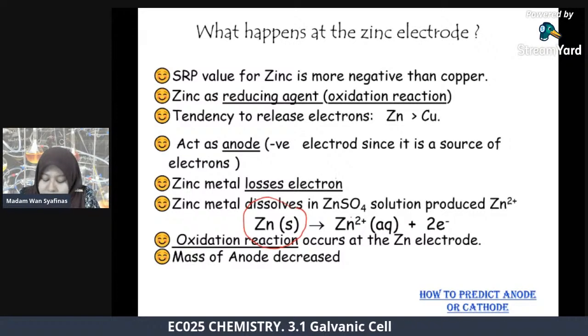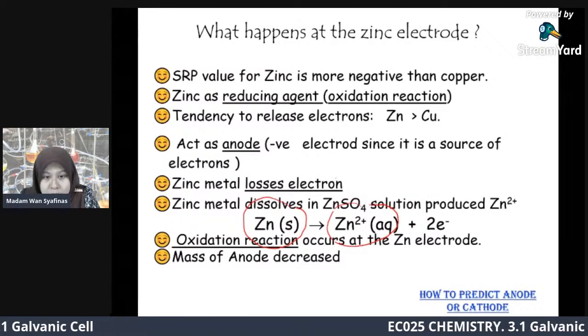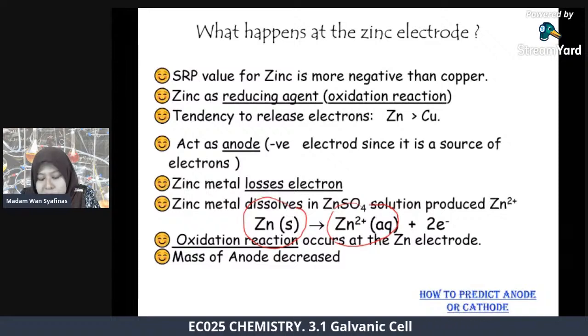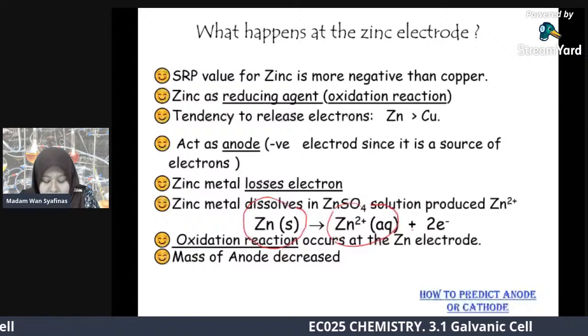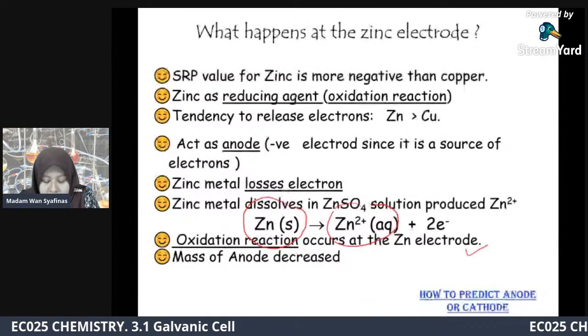Okay, so if we write the half cell equation, we have zinc solid produces zinc 2+ aqueous ion plus 2 electrons, which means that zinc metal loses 2 electrons. Okay, oxidation reaction occurs at the zinc electrode. So the mass of anode will decrease. The mass of electrode will decrease.